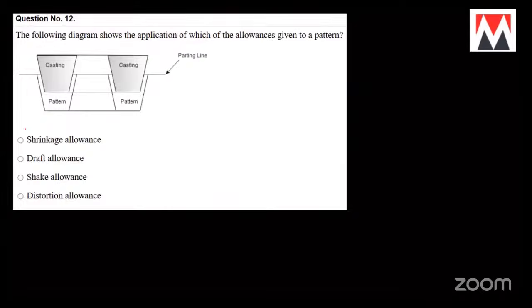So what is this diagram? Which one of the following allowances is given to the pattern? Please give it in the chat.